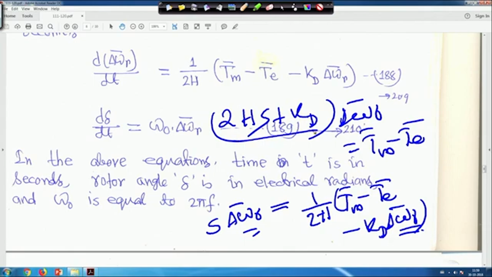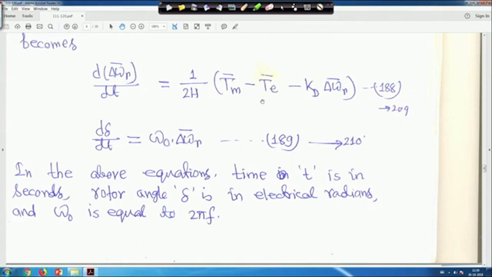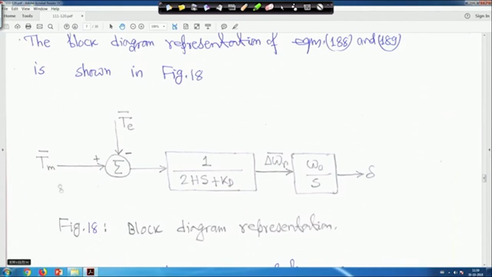Therefore, delta omega r bar will be T m minus T e divided by 2Hs plus K d. That is why in this block diagram, T m bar is given as input here and T e bar here. This output is T m bar minus T e bar, and delta omega r will be T m bar minus T e bar divided by 2Hs plus K d, and this output is delta omega r bar.